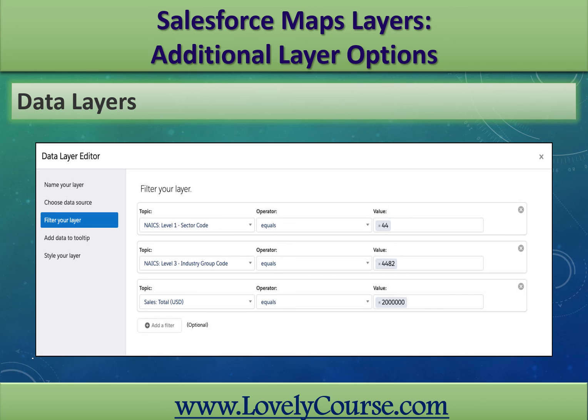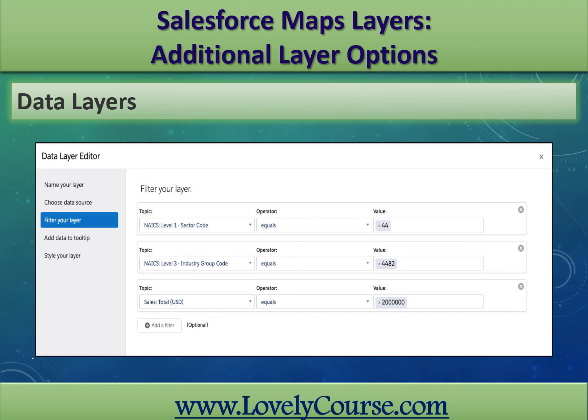Number 1, all business establishments in the United States that sell shoes and have total sales revenue of over 2 million. Jose uses the North American Industry Classification System, NAICS, to find all shoe stores in the United States. He names this layer Shoe Stores in the US and then adds the following filters.